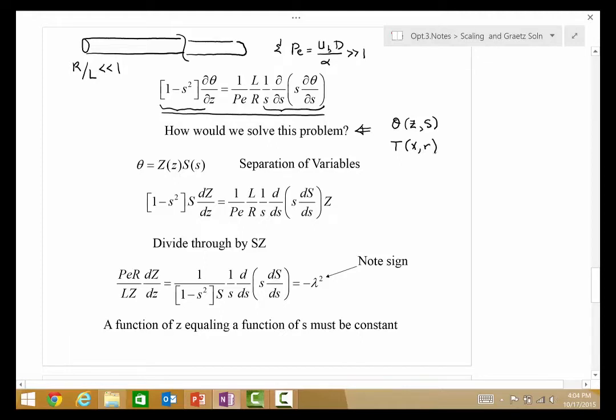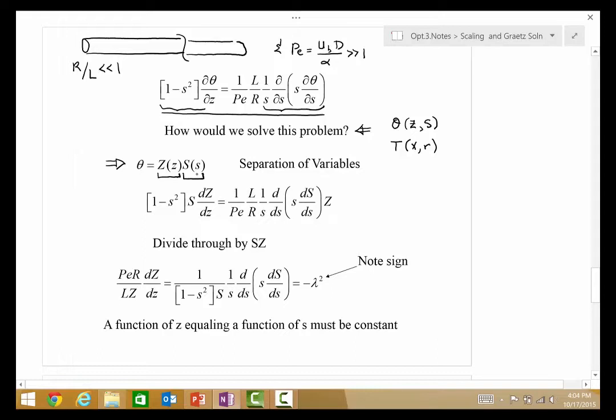The way this problem is solved is actually by separation of variables, and so in separation of variables sense, we could identify that theta should be separated into a function of z multiplied by a function of s.